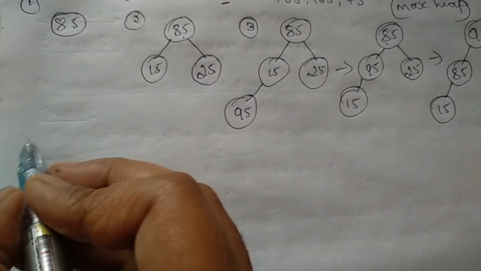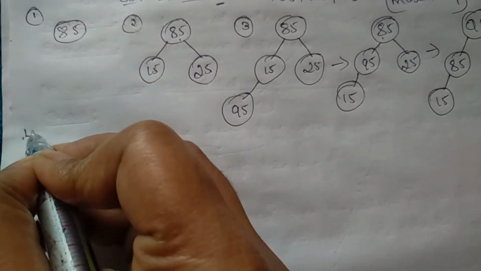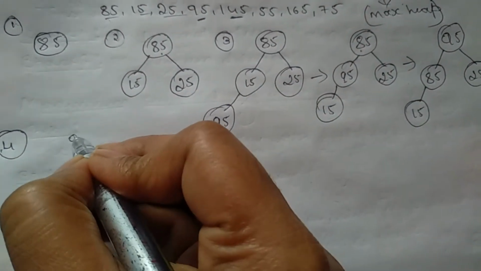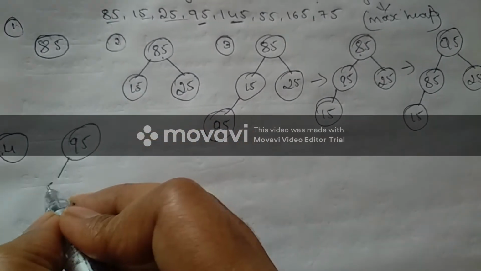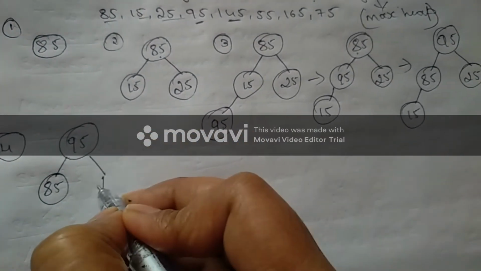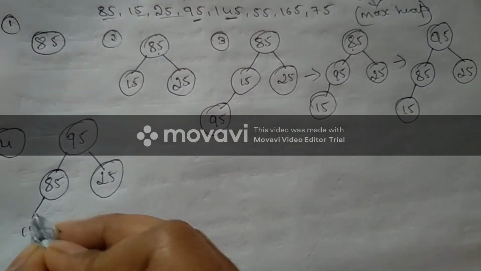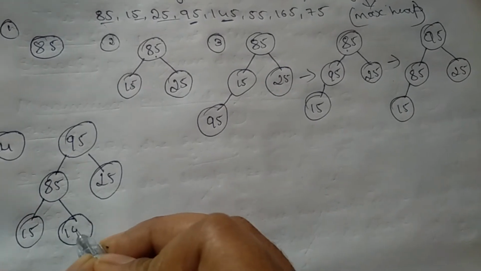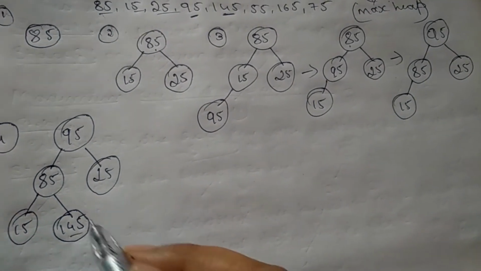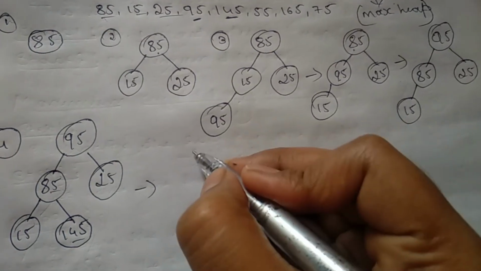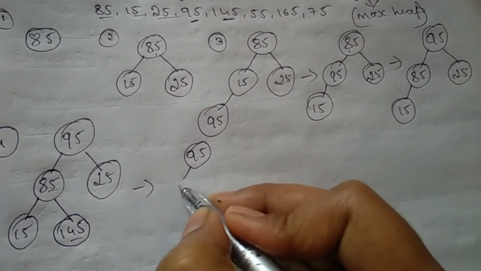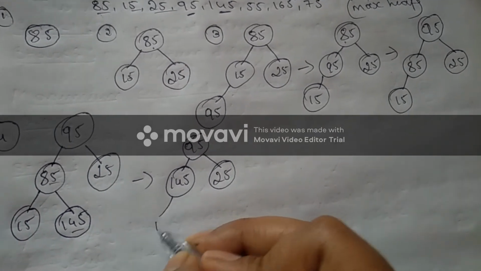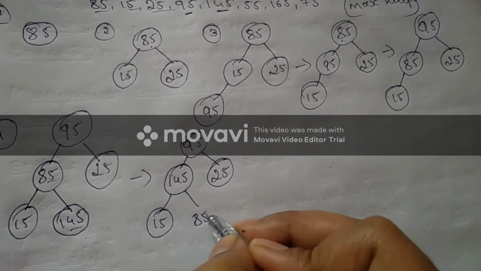Next, go for step 4. Which is the next element? 145. So I'll rewrite this as it is: 95, 85, and here 15 is there. The next element I have to take is 145. I'll take it towards the right of 85. Again, check the parental dominance. So in place of 95 I'll write 145, then 25, 15, and then 85.